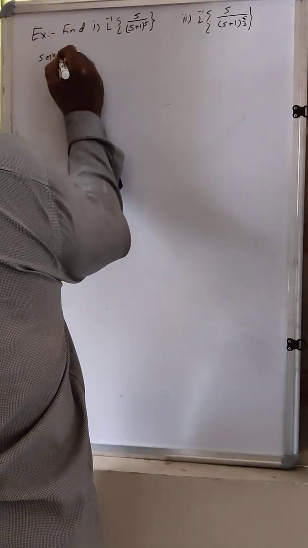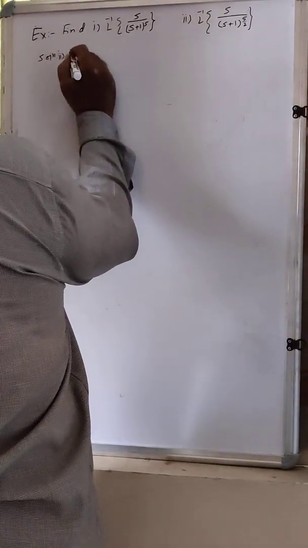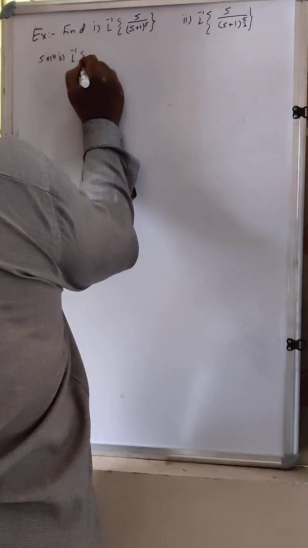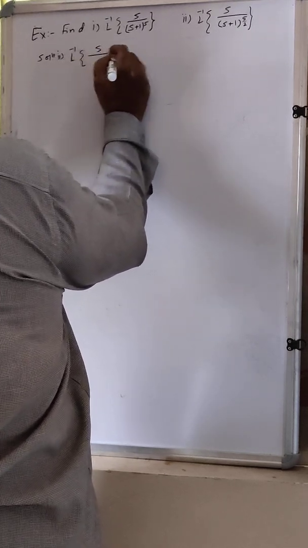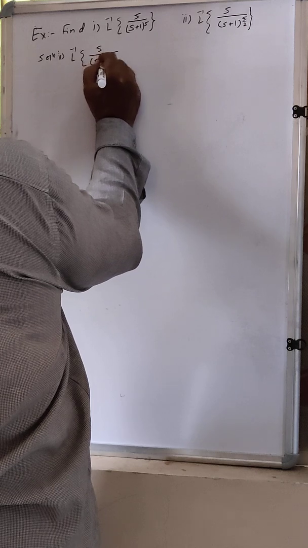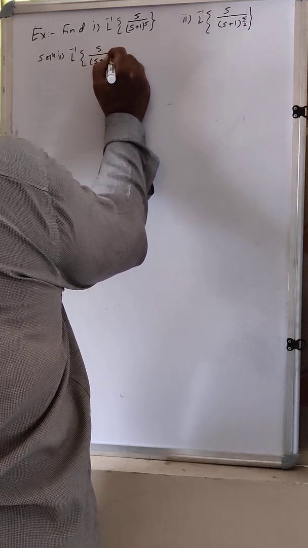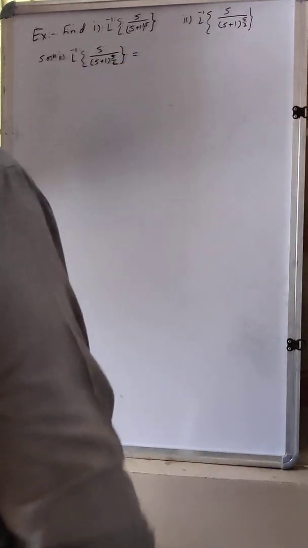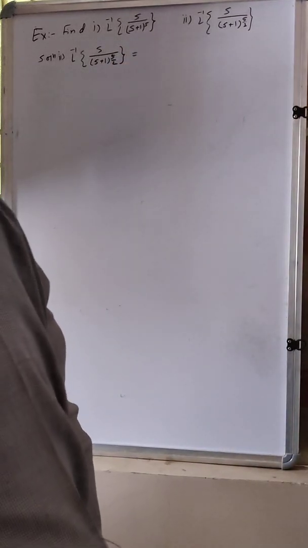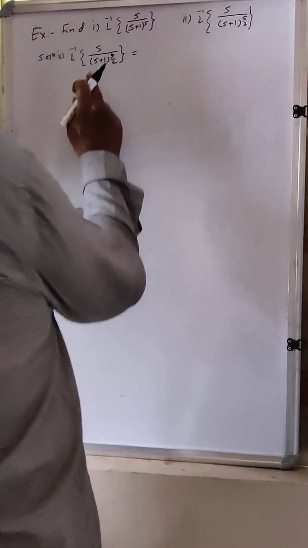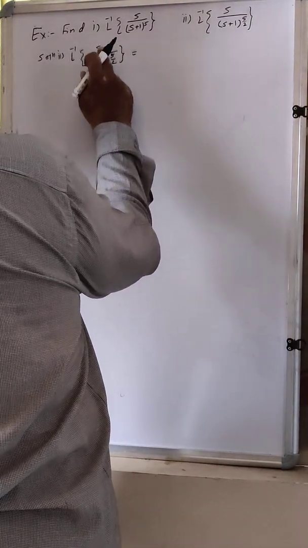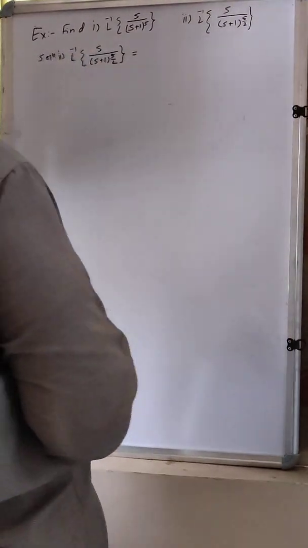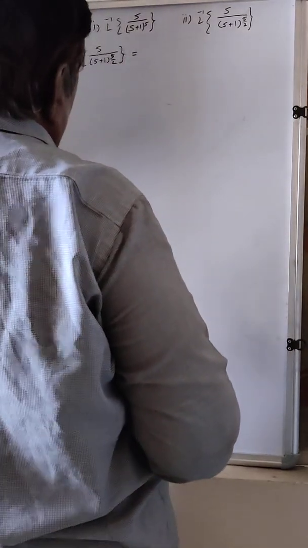Second, Laplace inverse of s upon (s plus 1) raised to 5 by 2 is equal to, here in the denominator s plus 1, we add this s plus 1 in the numerator, that is add 1 and subtract 1.